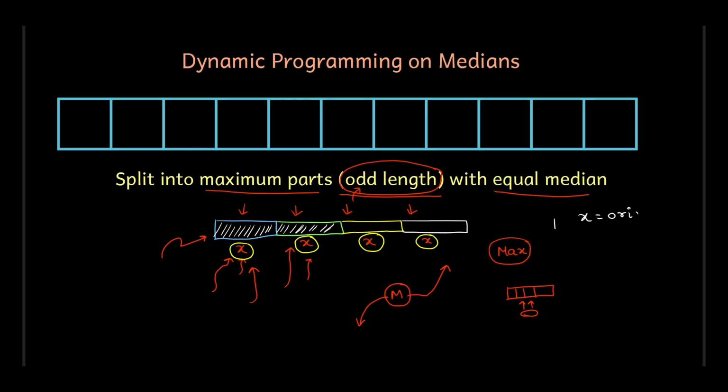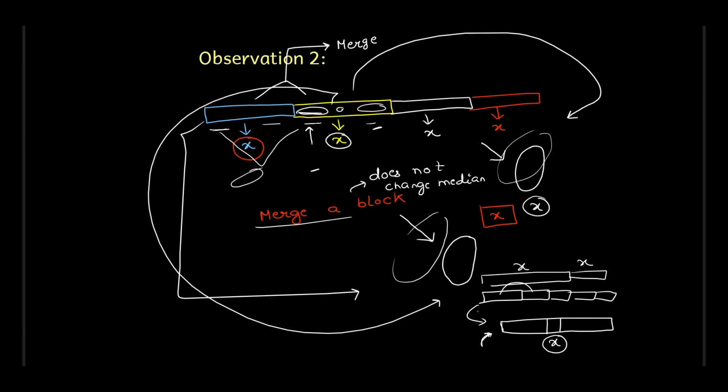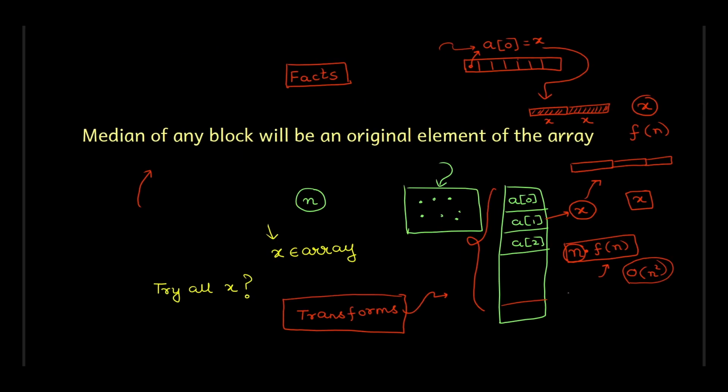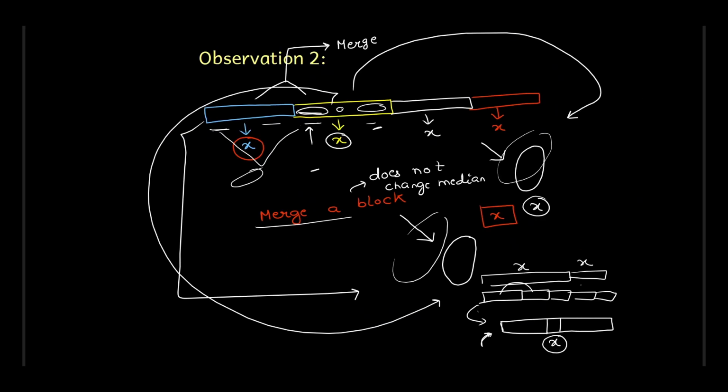This is also true. So now you can see that we don't actually have to increase the time complexity from f of n to n. The overall time complexity would still be f of n only, not n into f of n, because we actually don't have to try out all the different possibilities for X.